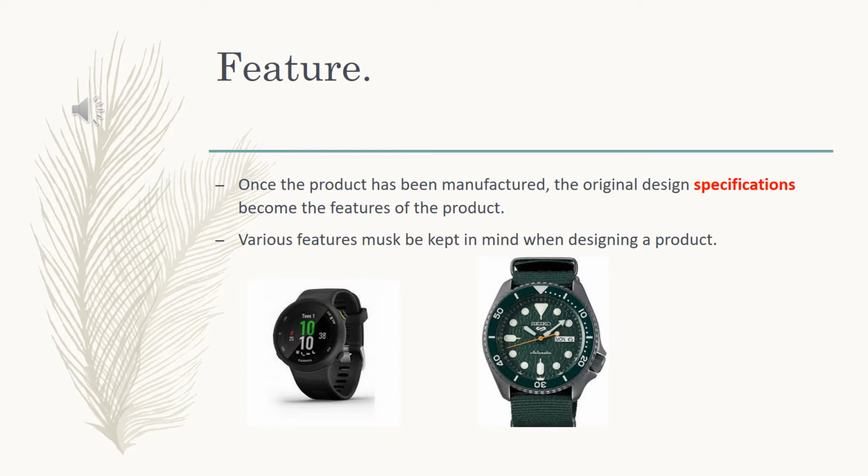It can measure your distance when you run, obviously, because it's a sports watch, or count your steps when you walk. It can show a map of the area where you are walking or running. So it has more features compared to the other one. That means the specification is that it is designed for different purposes, not only for time but for those other features that I have mentioned.